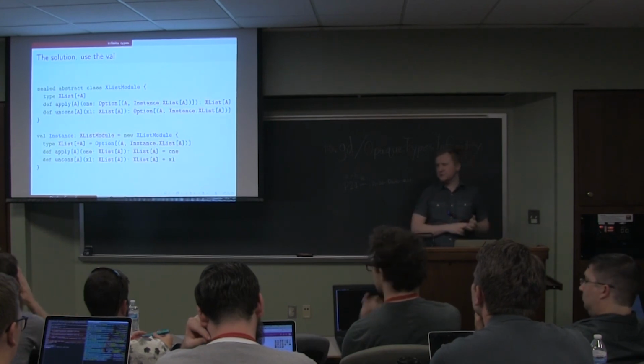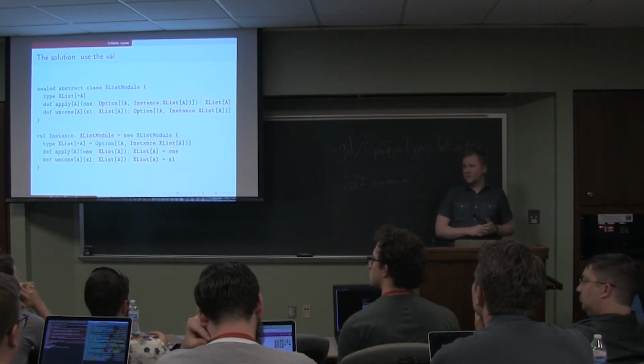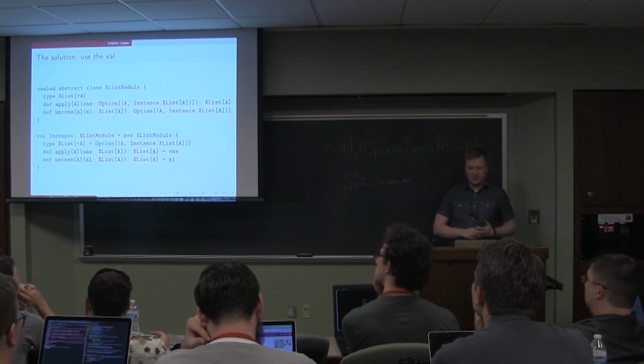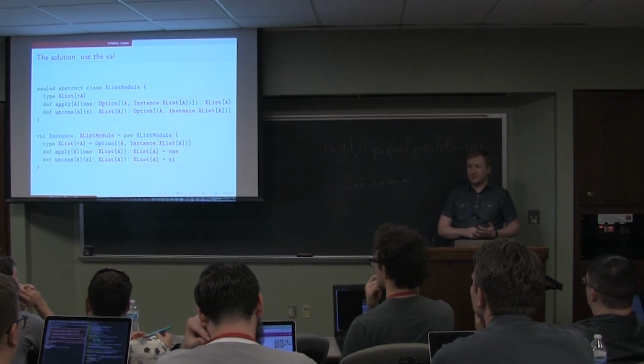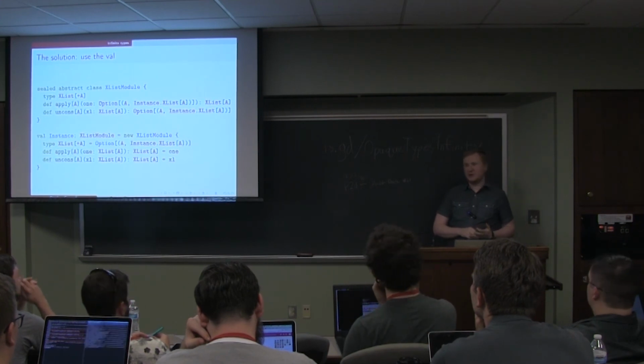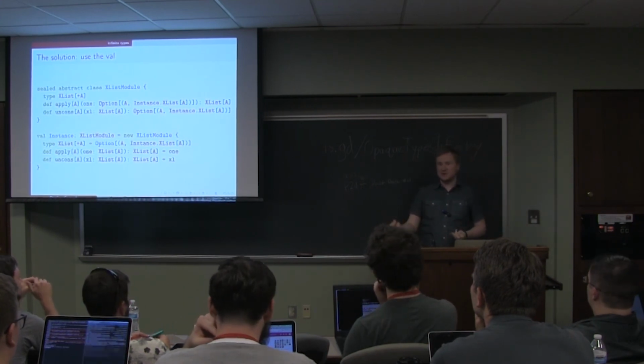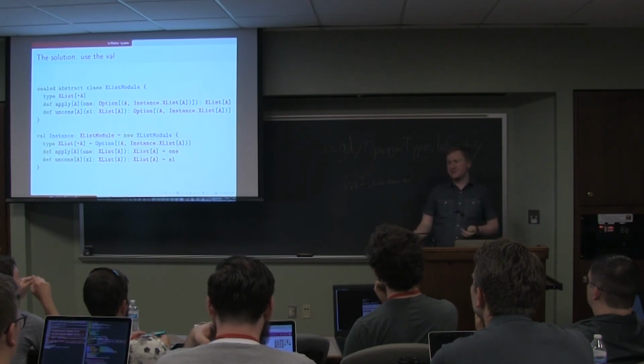You had a question. What is the companion of XList? Or maybe even a more general question: where would you put something to implicitly resolve so that it would be in the implicit scope for XList? And the answer is, first, you would use at least Scala 2.12.4.